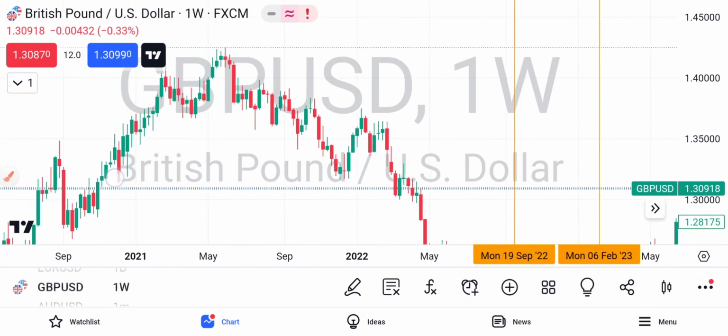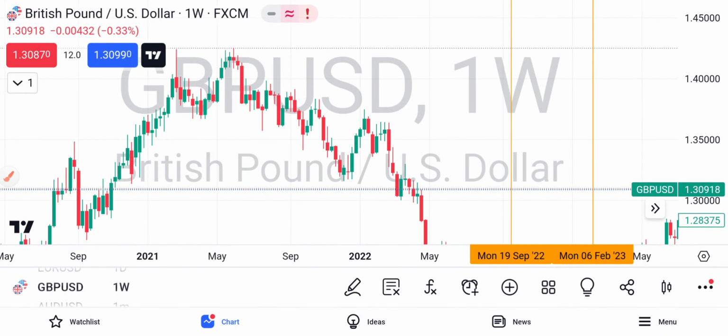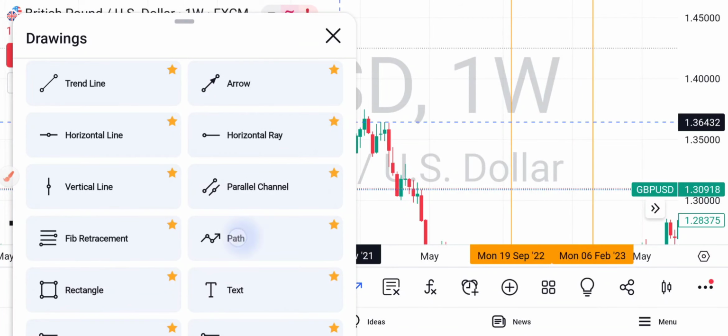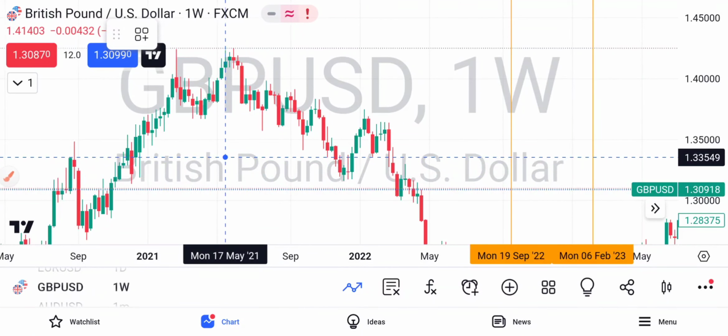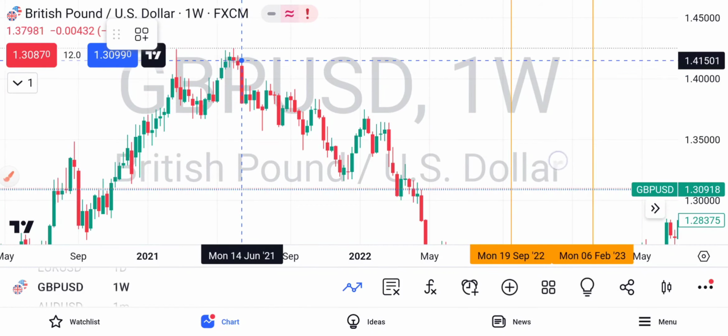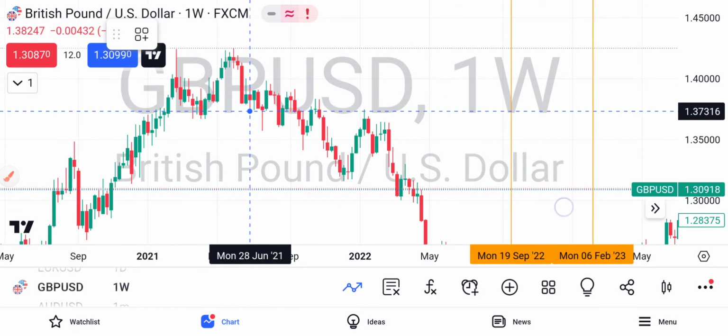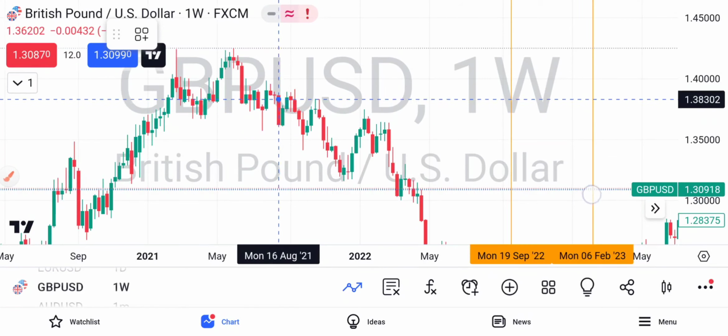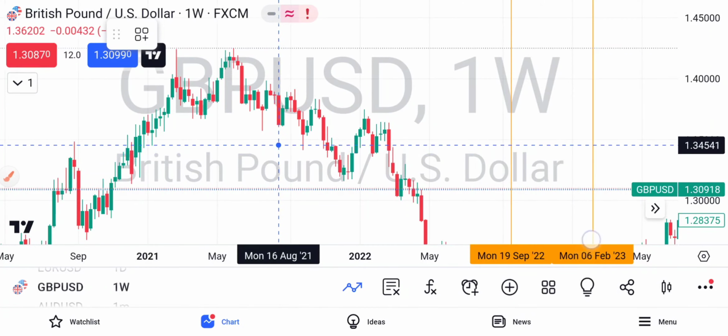What I told you in the last teaching is how you know a market trend. If it's a downtrend, that is a bearish market, it keeps on making lower lows and lower highs.